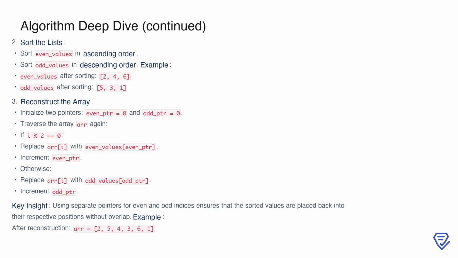If the index is odd, we do the same using odd_values and odd_ptr. This method ensures that the sorted values are placed back into their respective positions without overlap. For example, after reconstruction, the array 4, 1, 2, 3, 6, 5 becomes 2, 5, 4, 3, 6, 1.